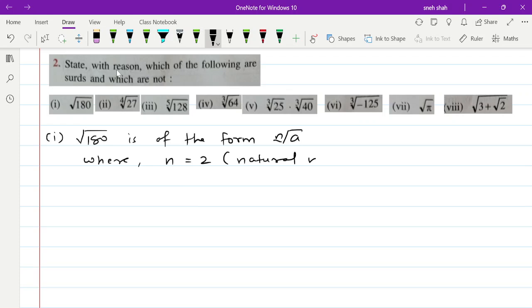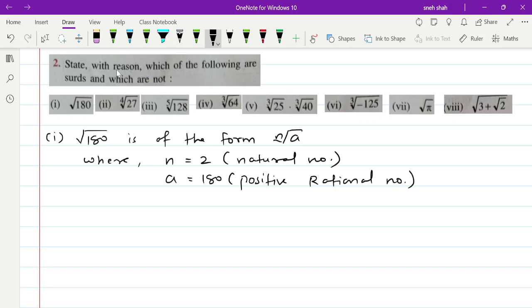And here the order is a natural number. Also, the number inside the root, which is a, is 180, and 180 is a positive rational number. So, here we can say that the first two criteria are already fulfilled.